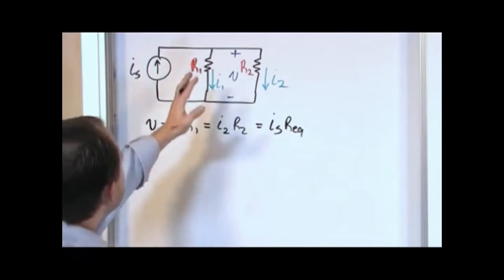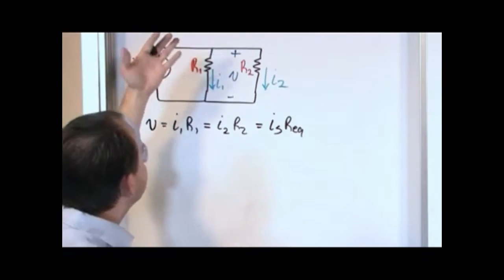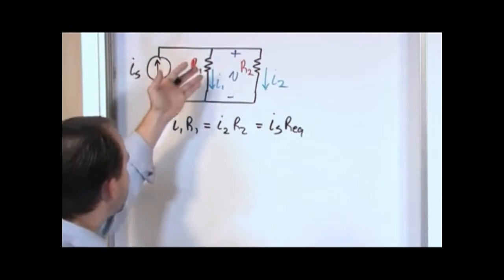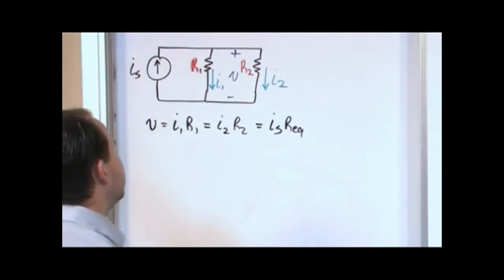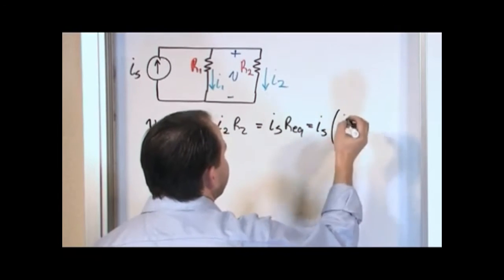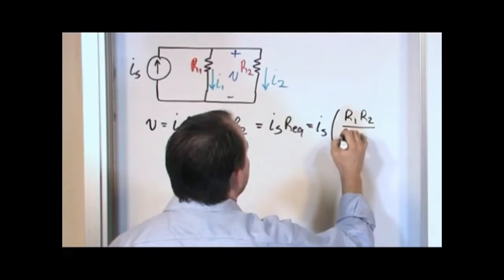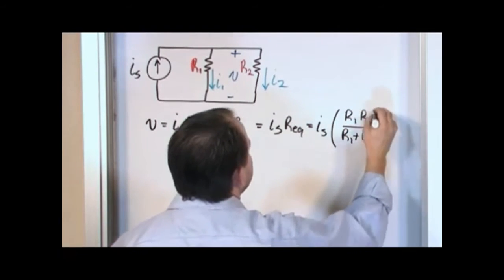In other words, if we combined resistances here, we have a single resistor fed by I sub s. The voltage across it would be I sub s times the equivalent resistance, IR, right? But we know what the equivalent resistance is. It's simply product over sum: R1 R2 divided by R1 plus R2, right?